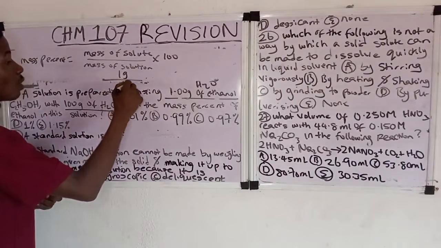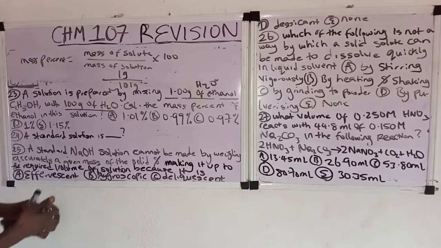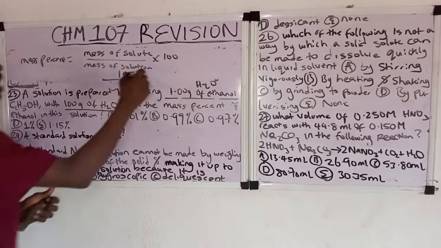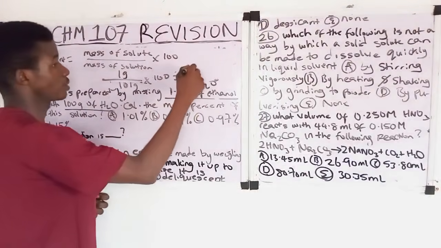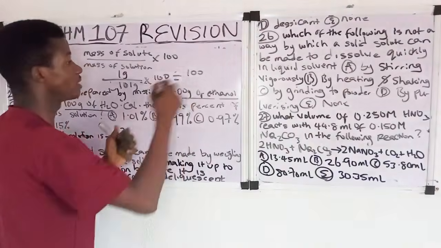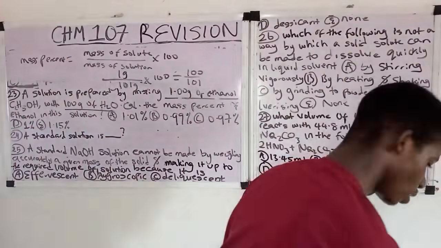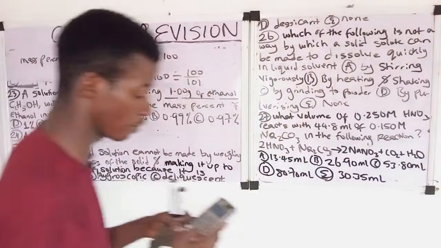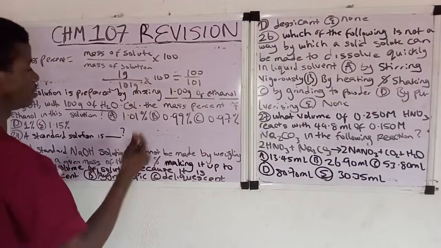This is the mass of the solution. The mass of the solute is 1, then times 100. So 1 times 100 gives us 100, then 100 divided by 101 will give us 0.99%. So the answer is B.